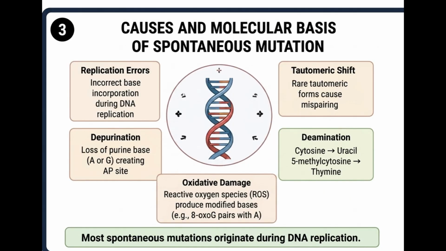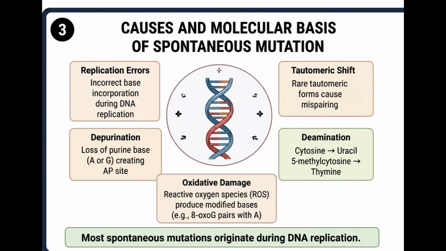Causes and molecular basis of mutation. Mutations may arise spontaneously due to endogenous cellular processes. One major cause is replication error. During DNA replication, DNA polymerase may insert an incorrect nucleotide. Another important cause is tautomeric shift. Nitrogenous bases occasionally shift into rare tautomeric forms, leading to abnormal base pairing.